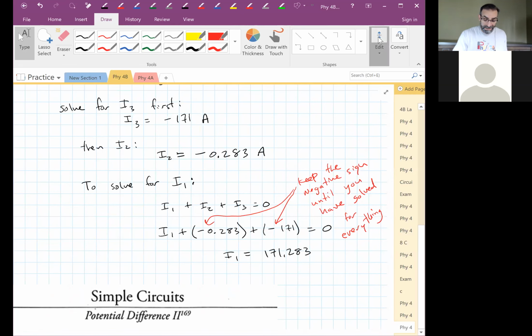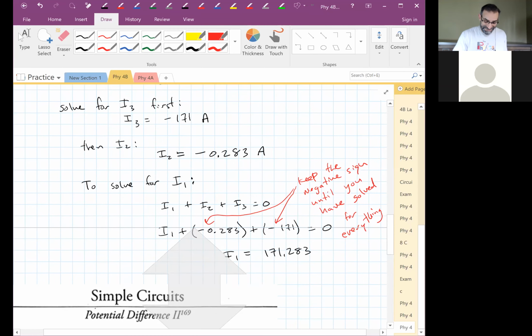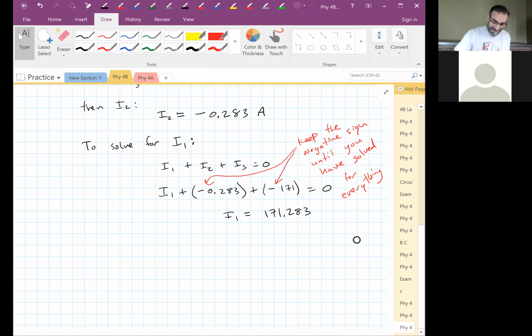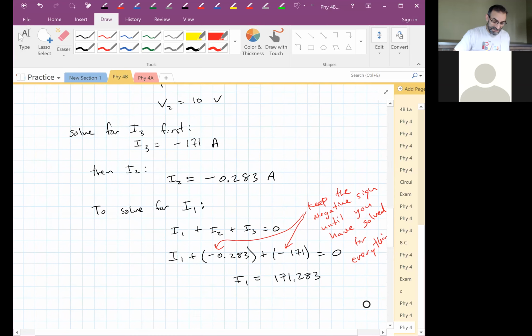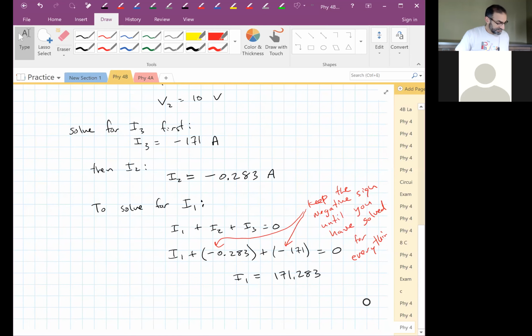How did I get I1? I did a lot of algebra. You've got to crank through and do the algebra or use your calculator. Your calculator will give you all the answers at one time. You don't have to worry about it. But if you're cranking through by hand, doing the algebra, solving the simultaneous equations, eliminating one variable, then the other one, doing lots of algebra, then you're going to get them one at a time like this.